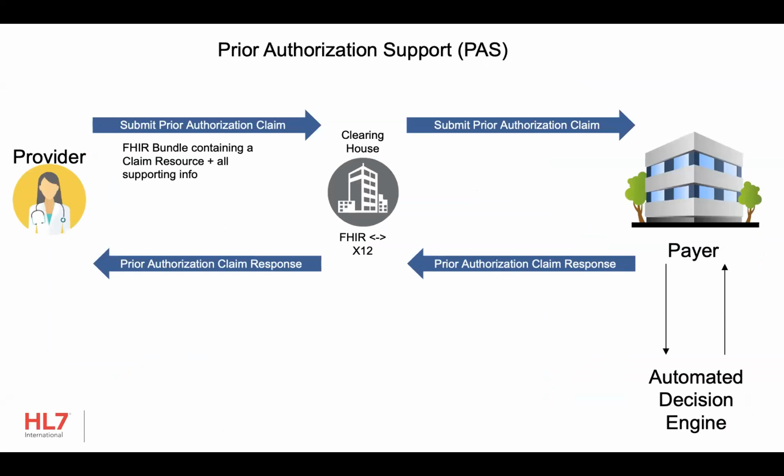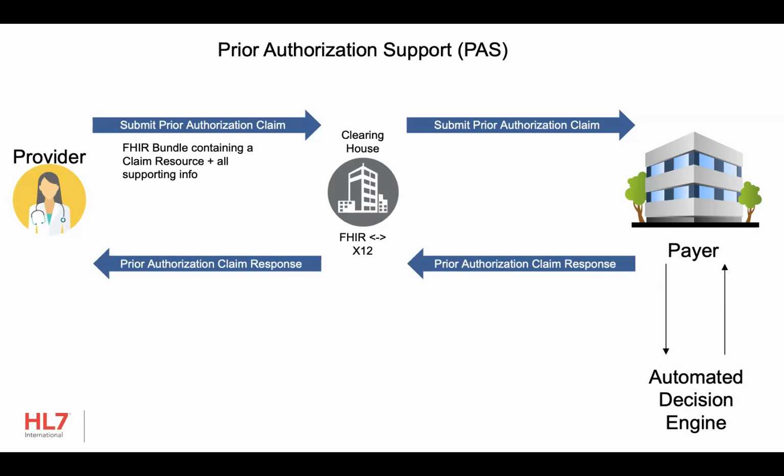So here's a little bit more detailed version of the above slide. Because X12 is required under HIPAA regulations, a payer can defer this and have a clearinghouse do the FHIR to X12 interconversion. So the data flow here would be the provider submits the prior authorization claim, including a claim resource, plus all the supporting information. That goes to the clearinghouse, which can in turn translate that to X12.